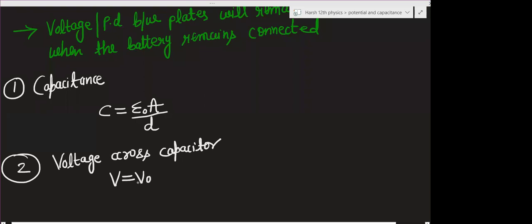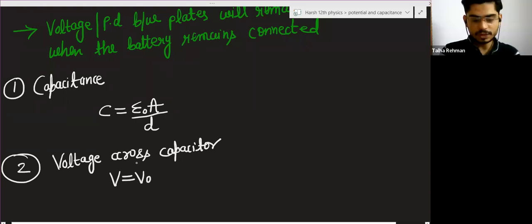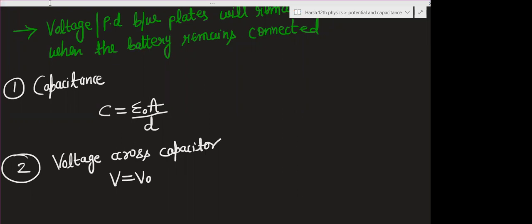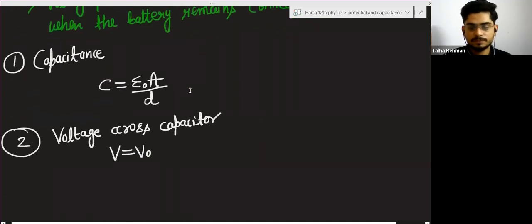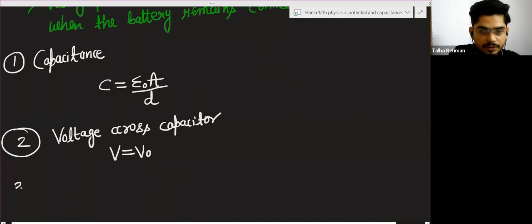V naught. Because the battery is connected, so voltage is V naught.